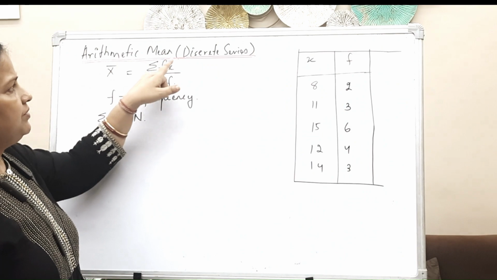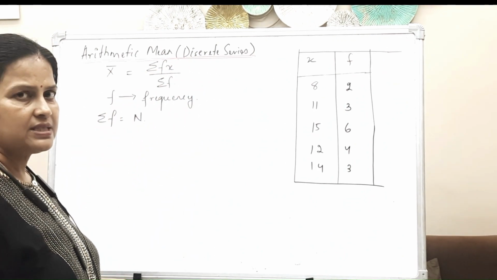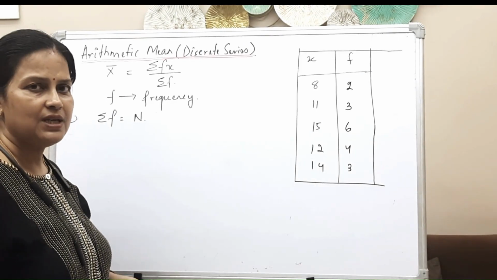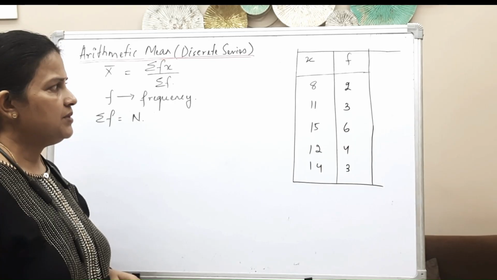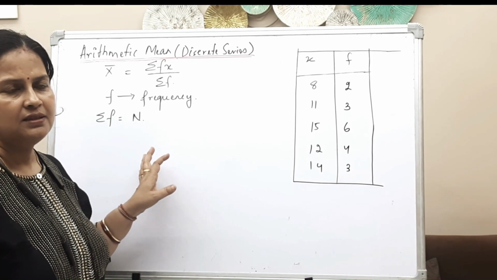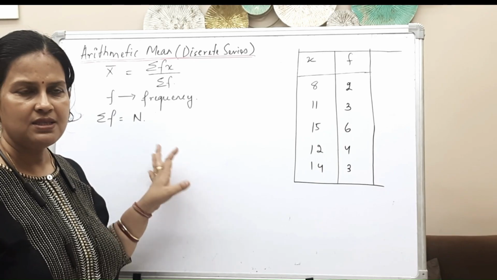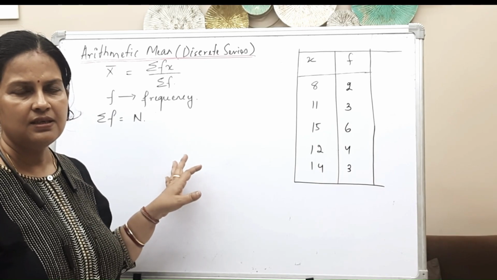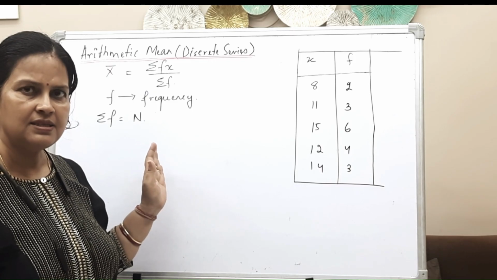So, arithmetic mean for discrete series. As we all know, discrete series is also known as a grouped data series, meaning we can make the data into groups. Individual series is what we discussed in the last class.